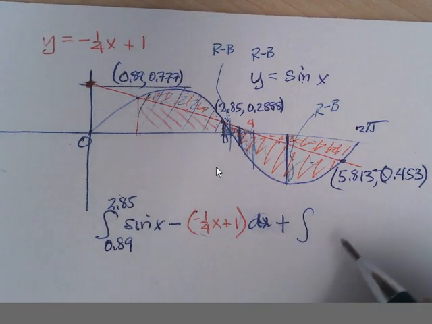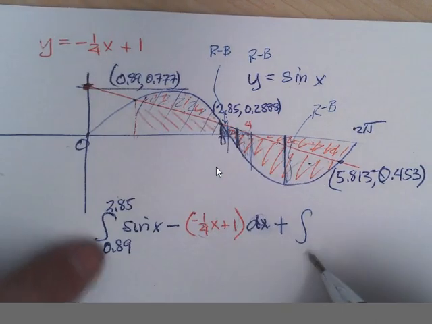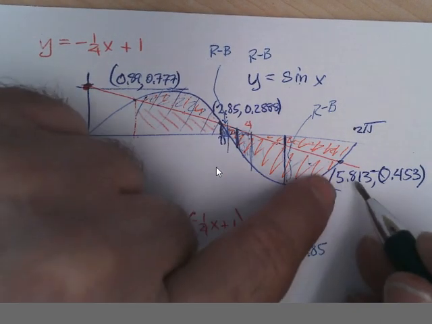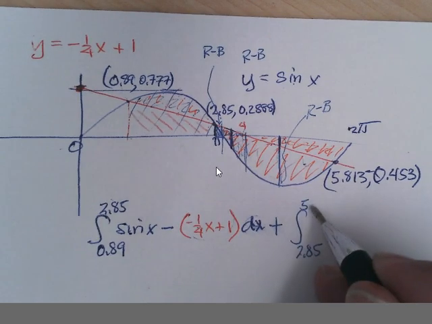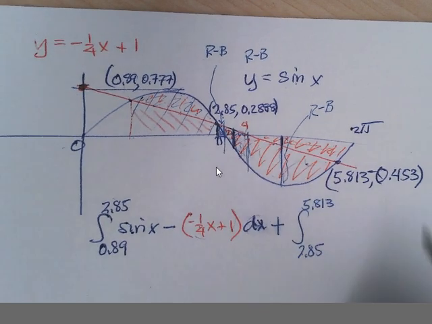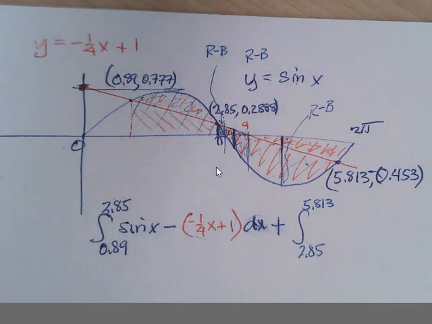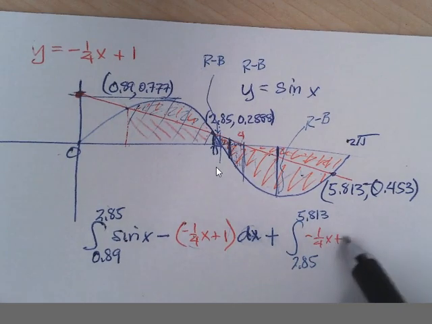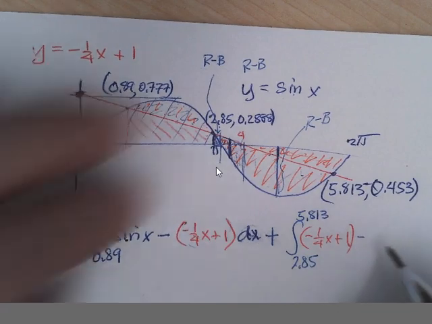plus the integral for the rest of the way, 2.85 to 5.813 of the red minus the blue.